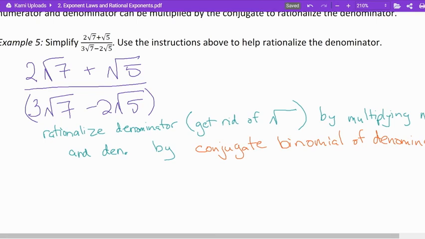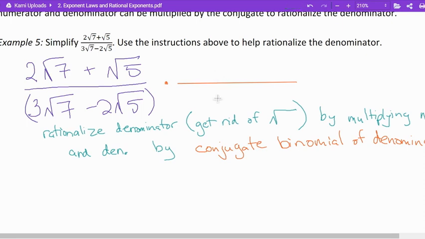If I want the denominator to be rationalized, if I want to get rid of all those square roots in the denominator, I multiply numerator and denominator by the conjugate of the denominator. So let's first write down what that conjugate is. Okay, so I'm going to multiply this fraction, numerator and denominator, by the exact same expression.